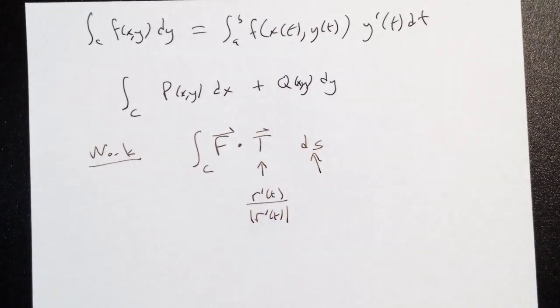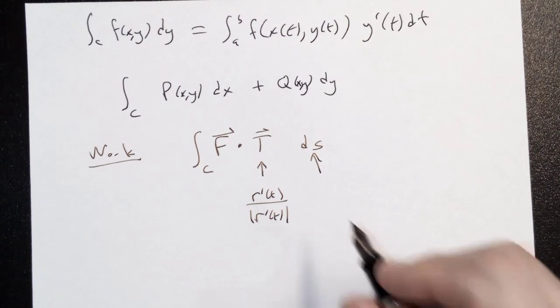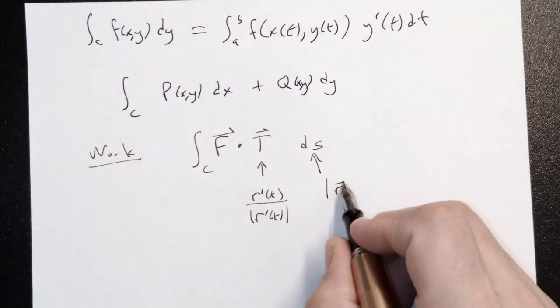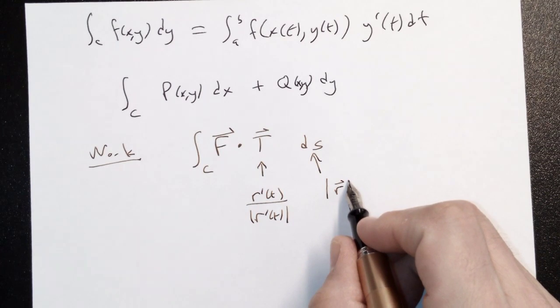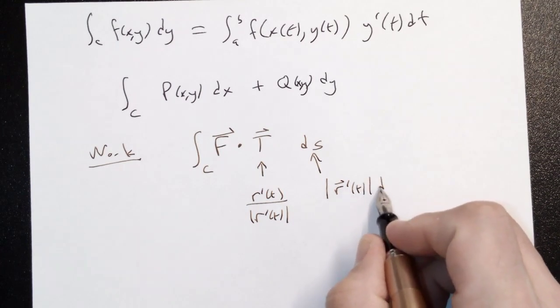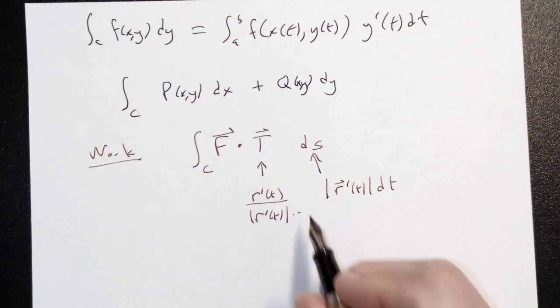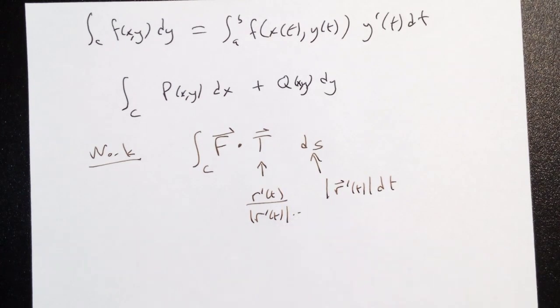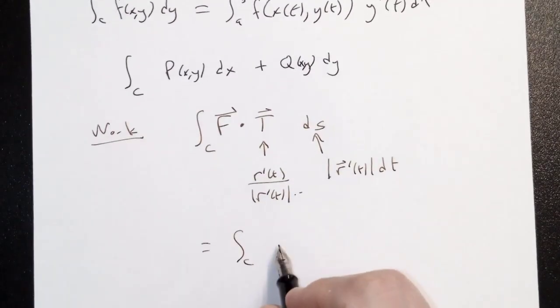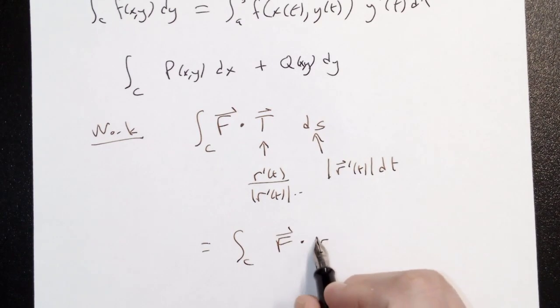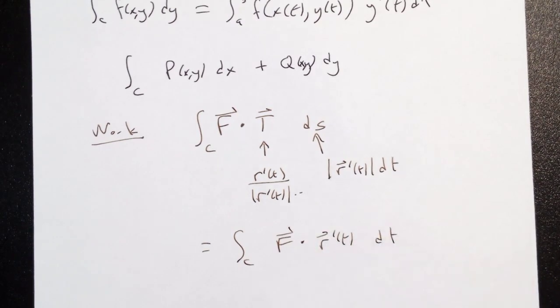We wrote this down not more than 15 minutes ago. What's ds? So there was a nice way to write it. The length of the derivative of r of t, dt. Those are being multiplied. What happens? They cancel out because they're lengths, they're numbers. That makes this integral, the integral over C, F dot r prime of t dt.